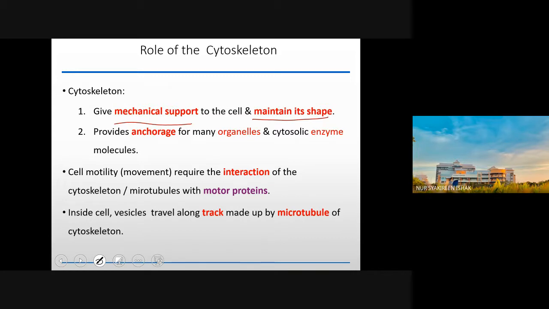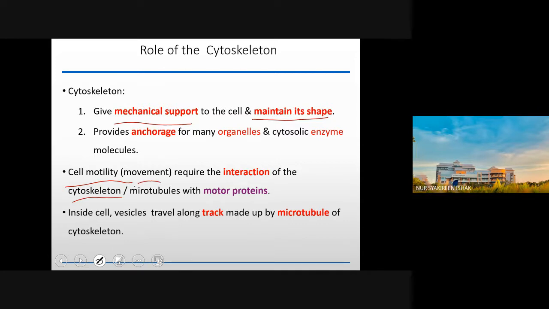So the enzymes that are found in the cytoplasm are also anchored by the cytoskeleton. Okay, so involve also in cell motility, movement, require the interaction of the cytoskeleton microtubules to the motor protein. Okay, cell motility lah. Pergerakan dalam sel tu sendiri juga melibatkan cytoskeleton.